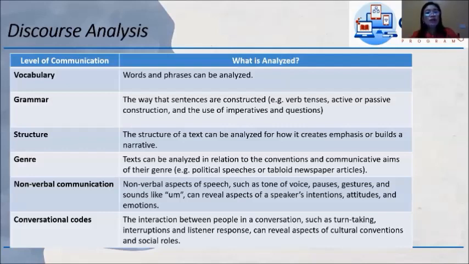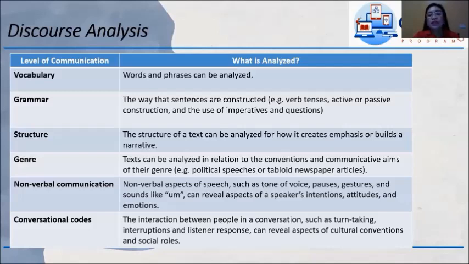Okay? Another one, we have genre. Texts can be analyzed in relation to the conventions and communicative aims of their genre. For example, political speeches or tabloid newspaper articles. Okay? So we have here nonverbal communication.